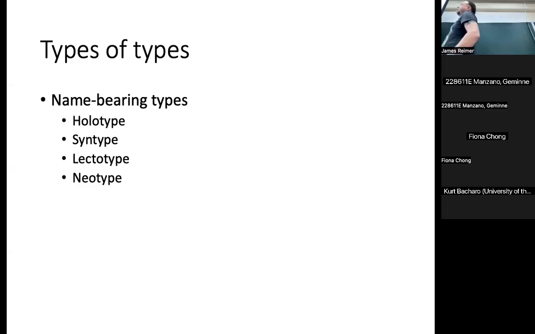The holotype, the syntype, the lectotype, and the neotype. And I'm going to talk about all of these one by one. Of these 4, 2 are what we normally use, and 2 were created to solve problems. Okay, so let's talk about the types.